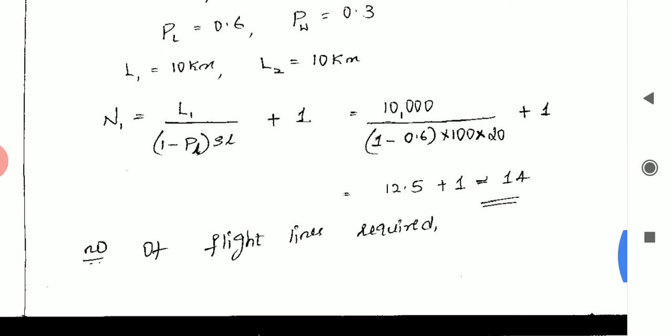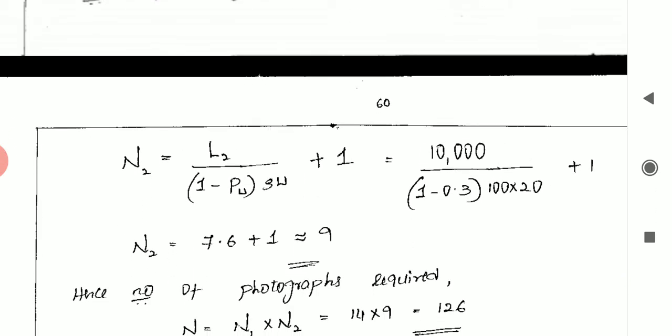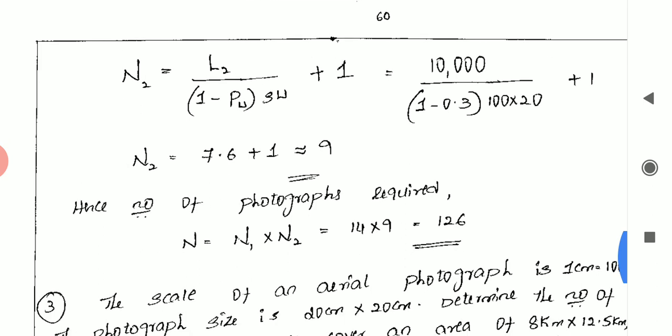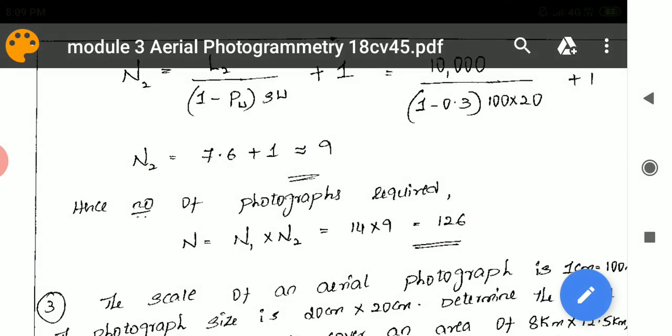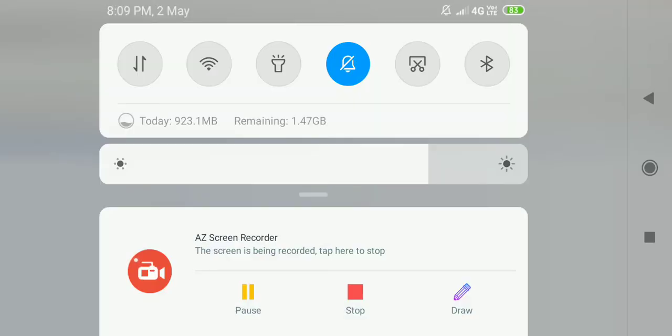The number of lines required is 14, and by solving we will get N2 using the corresponding data. After that, by using N1 and N2, the number of photographs required is 126.